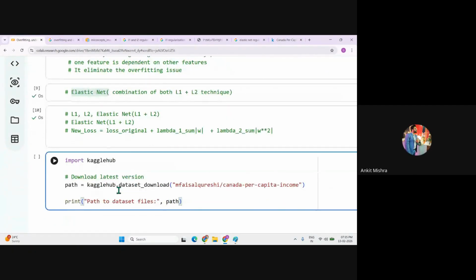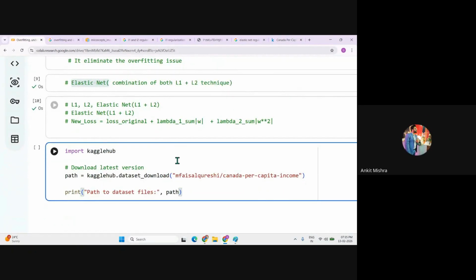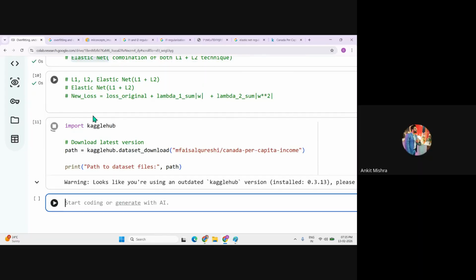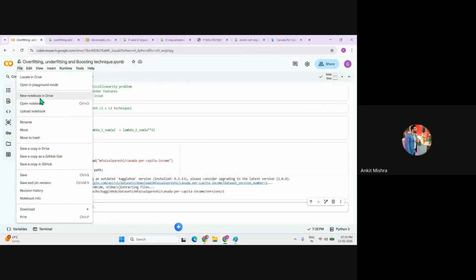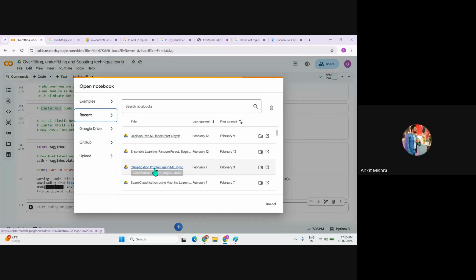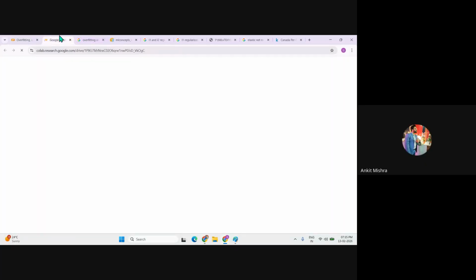And how do we implement L1, L2, and both L1 plus L2, the elastic technique? Let me run this. You can take a reference of the previous notebook. Instead of writing this again, let me open the previous classification problem using ML and quickly copy each module.